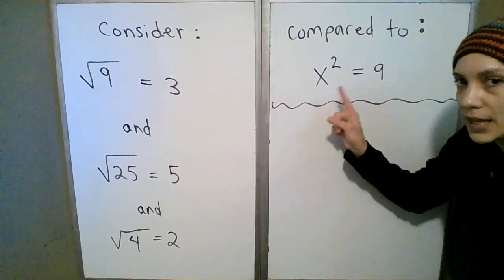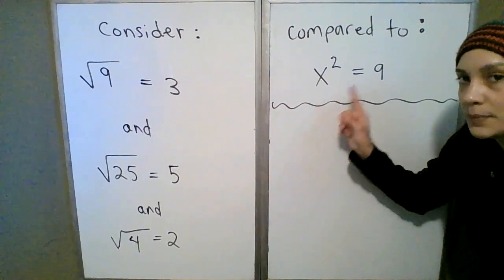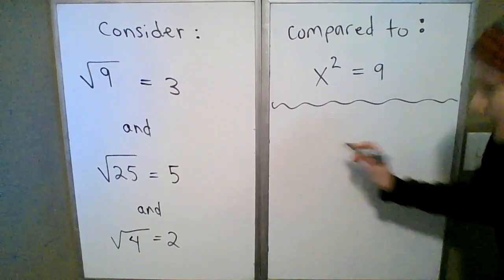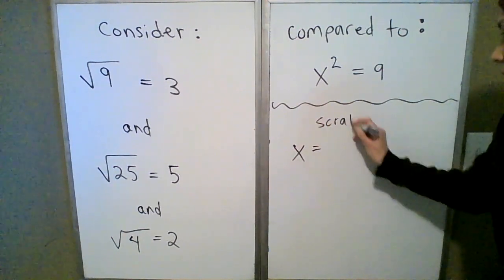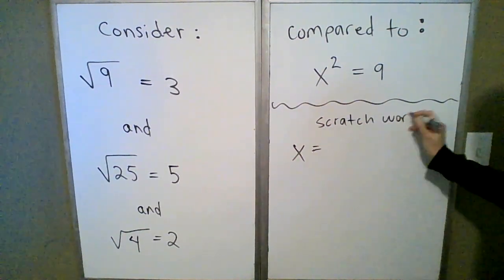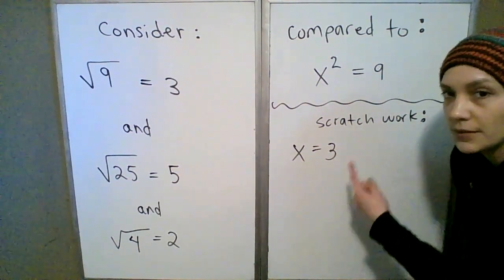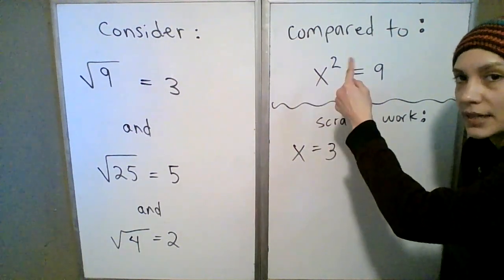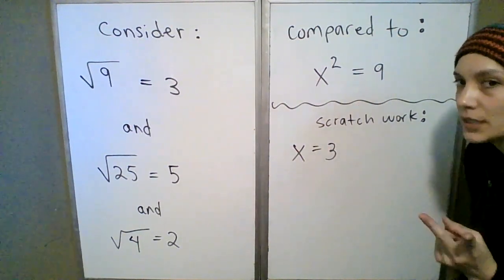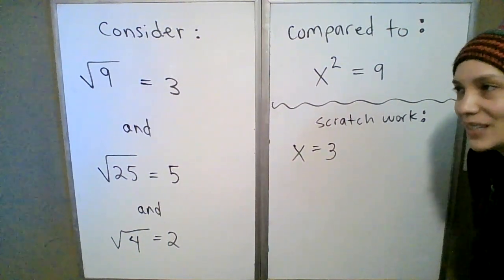When there's a variable x, you'll have 2 answers. x could be 3. But if I want to put in negative 3 for x, I could have that negative 3 squared, and that equals 9 as well. So you could get 2 answers. Negative 3 or positive 3.